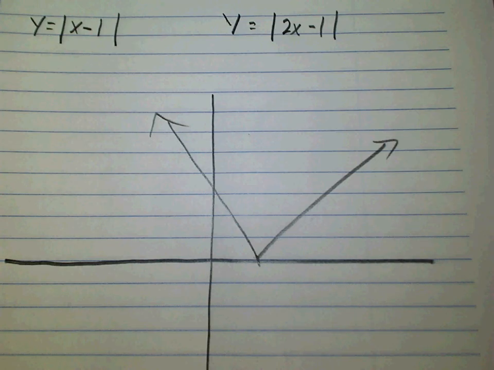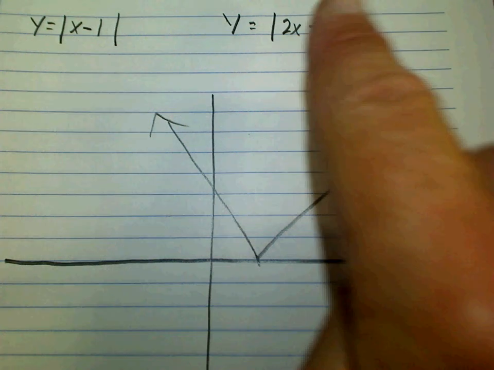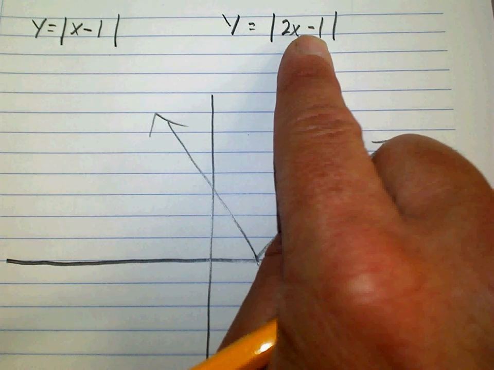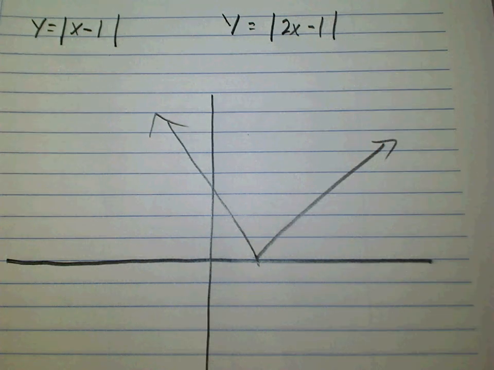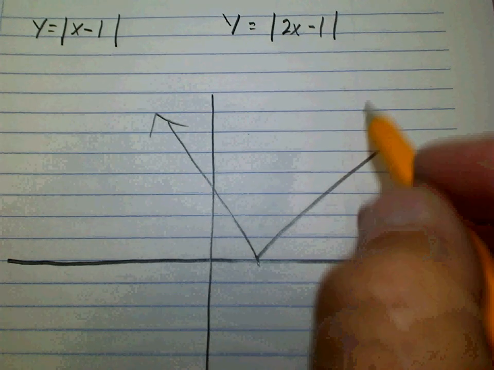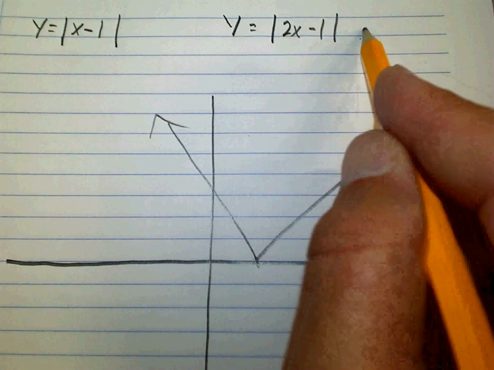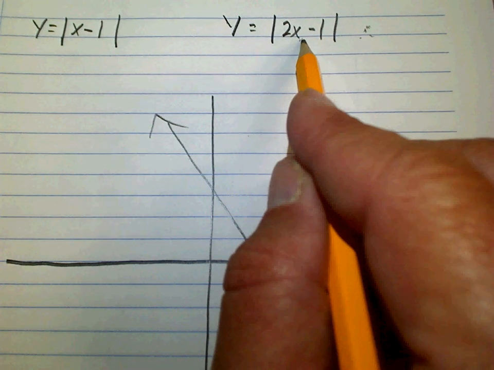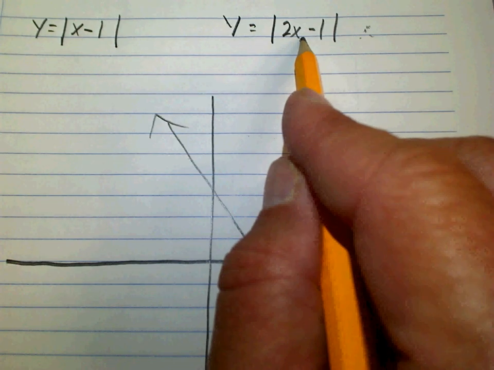Somebody tell me where the vertex for this one is. Not quite. Is it shifted up or down? No. Is it shifted left or right? Yes. Which direction? Shifted right.